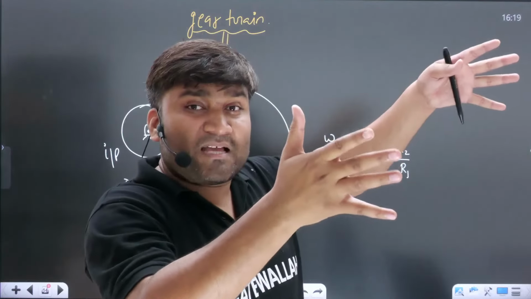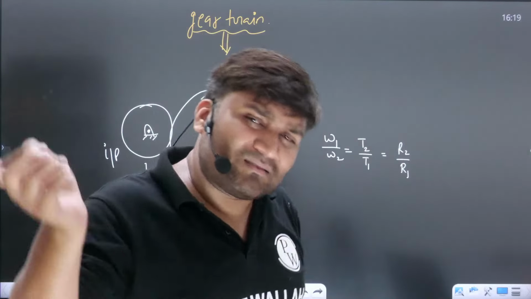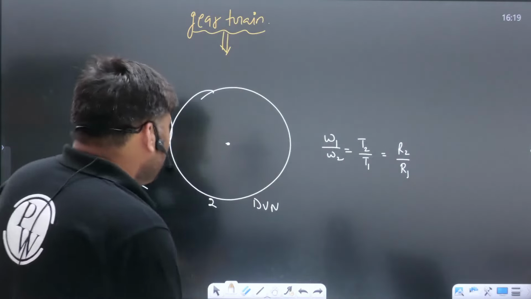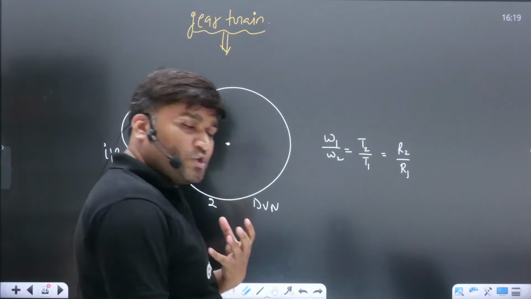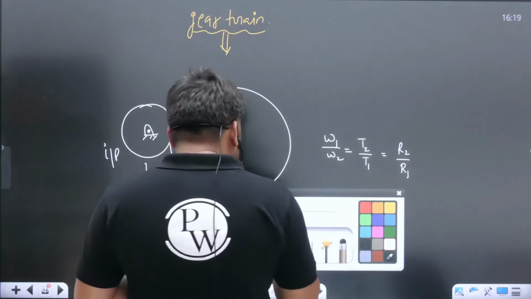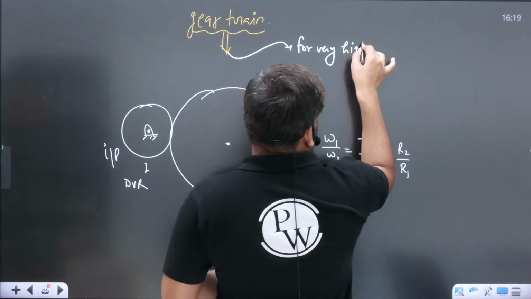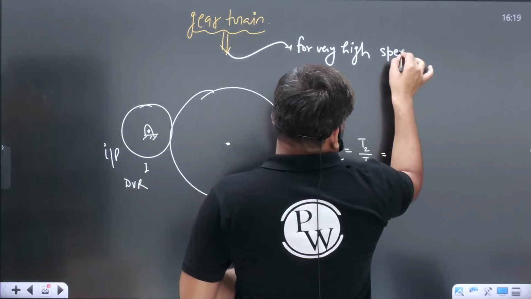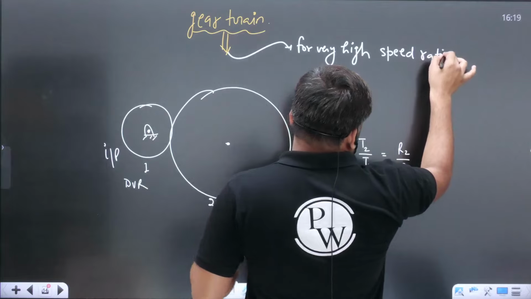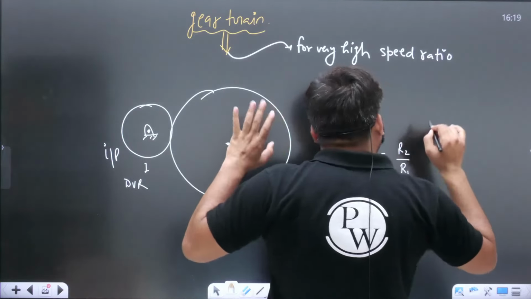This big gear has very high inertia, and that's why, let me write, for very high speed ratio, just by using these two gears we cannot survive.